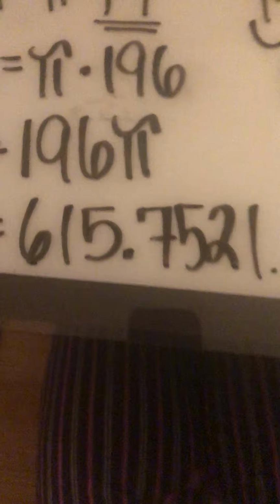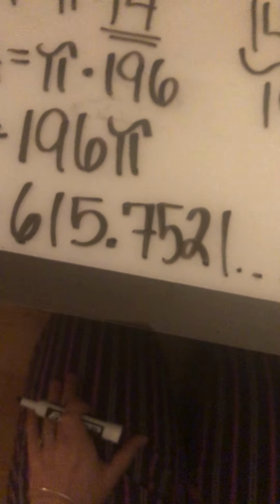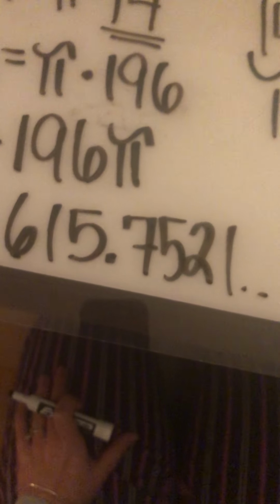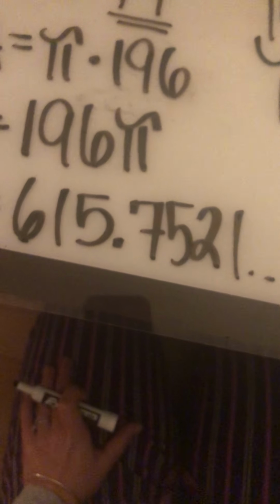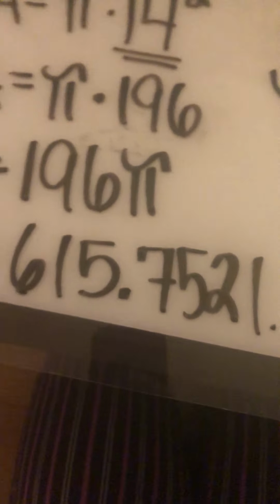And then we see on our calculator that equals 615.7521... Okay, so remember, it will always be an irrational because pi never ends, it never terminates. It does tell us to round, doesn't say to what, so we'll just round to the nearest tenth.